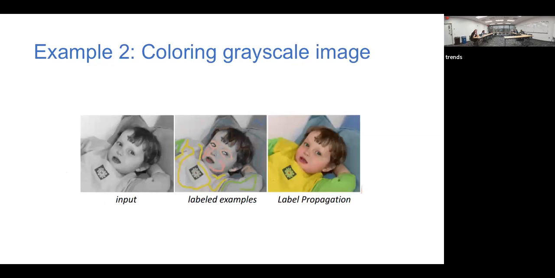A more realistic example: we took a grayscale image and manually put small colored marks on the image. Now the colored pixels are the labeled ones, and they propagate the colors with this algorithm, and we get the natural colorful image with label propagation.